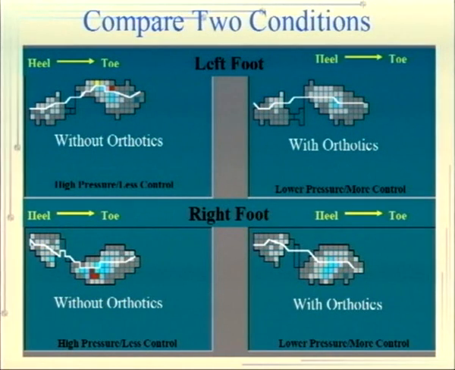Here's an example where two conditions are being compared with and without orthotic devices, left foot versus right foot, and it's a demonstration to show the difference between high pressure, less control, without the orthotic on the left foot, and you see that red box and the yellow box disappear when the person puts the orthotic on.